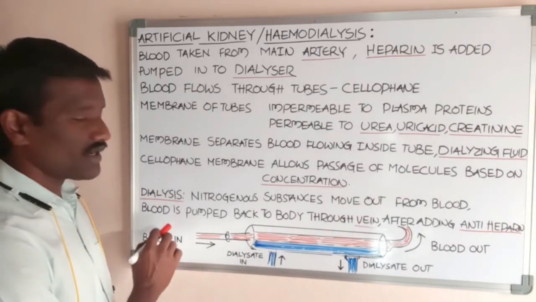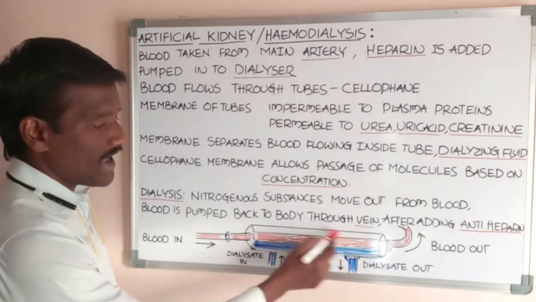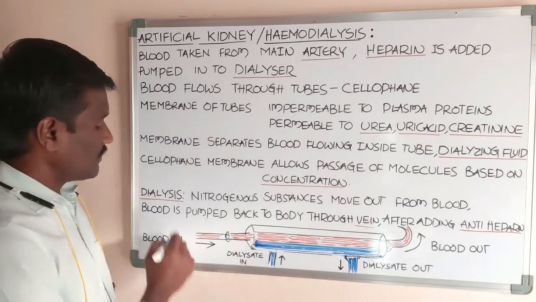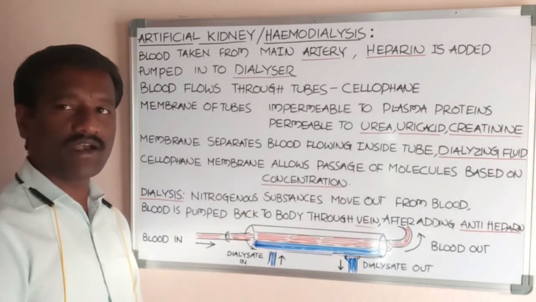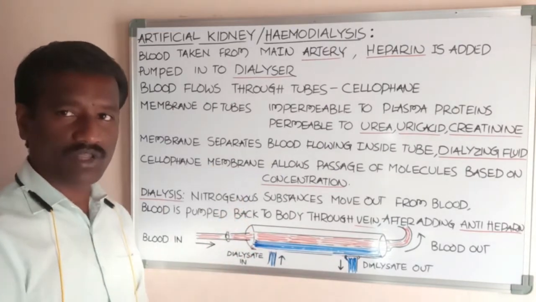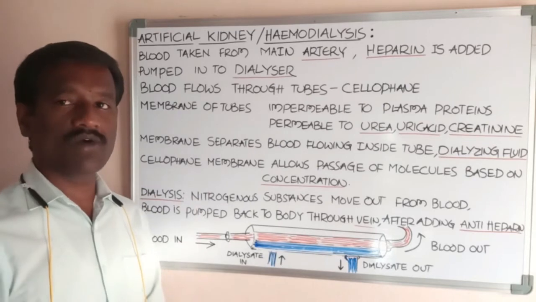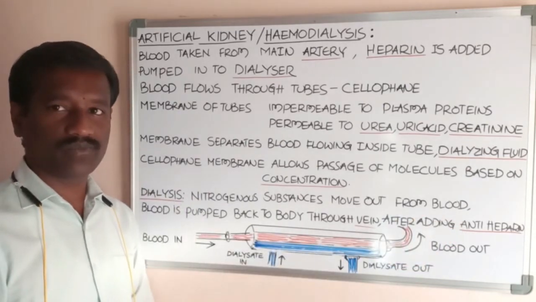Now, after the dialysis is completed in the dialyzer, the blood is pumped back into the body. The blood is pumped back into the body through a fine vein after adding the anti-heparin.